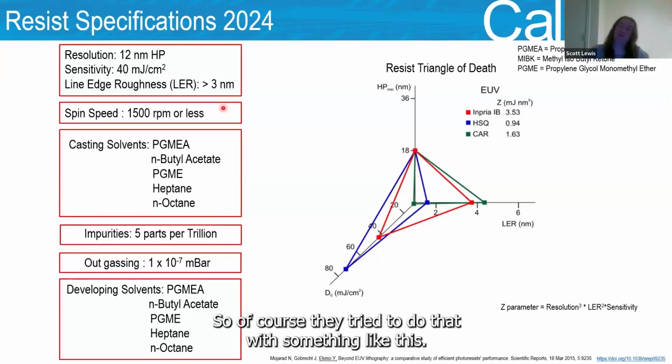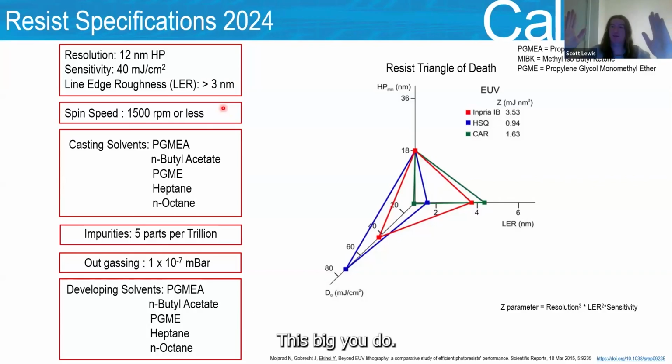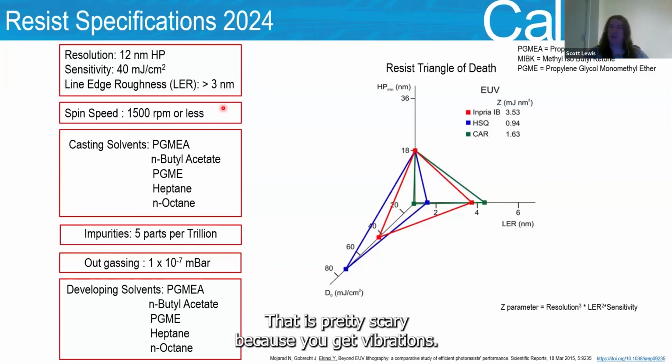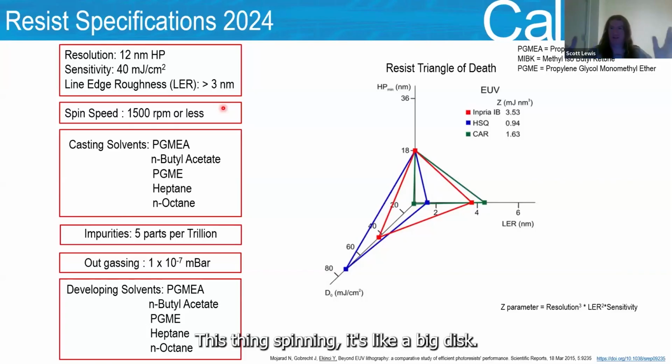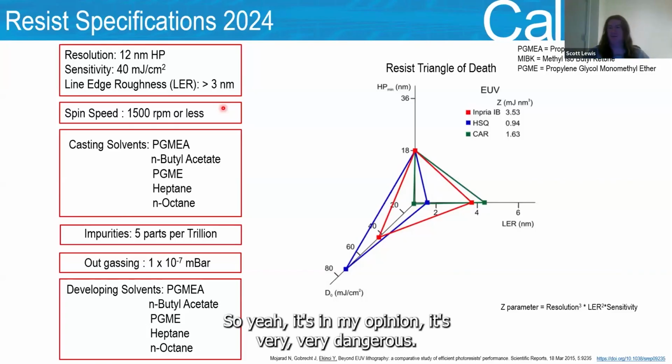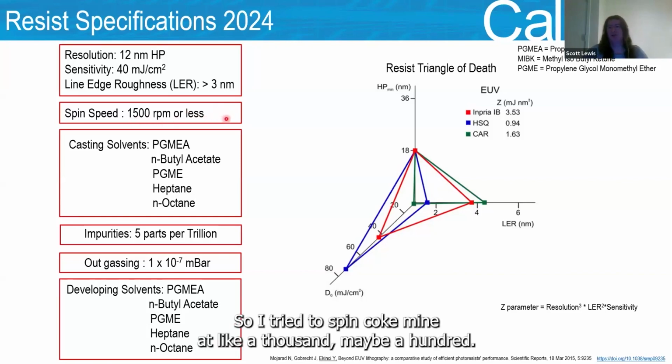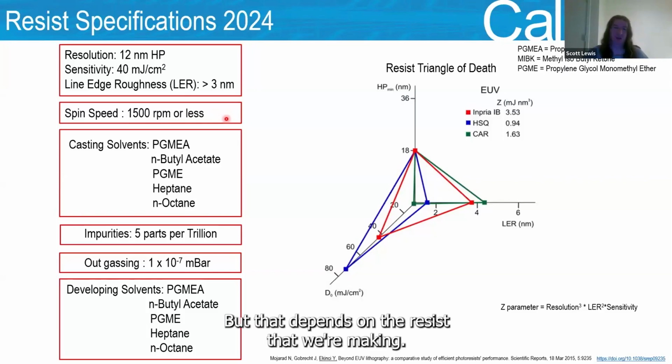Of course they tried to do that with something this big. It's pretty scary, because you get vibrations. This thing is spinning like a big disc. So in my opinion, it's very, very dangerous. We tried to keep things at 1,500 or less. I tried to spin coat mine at like 1,000, maybe 800, but that depends on the resist we're making.